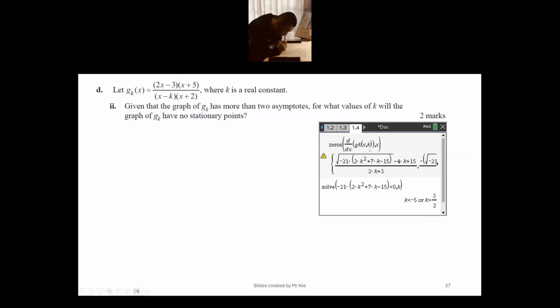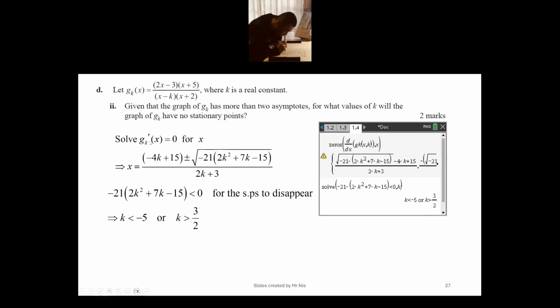Here I use the zeros command rather than solving derivative equal to 0 for x. And we can clearly get the two expressions, and we just need to make sure these two expressions disappear. So for example, this is in the structure of solutions to a quadratic equation, I suppose. And we just need to make sure that under the square root, this quadratic expression is less than 0. And we will get k less than minus 5 or k greater than 3/2.